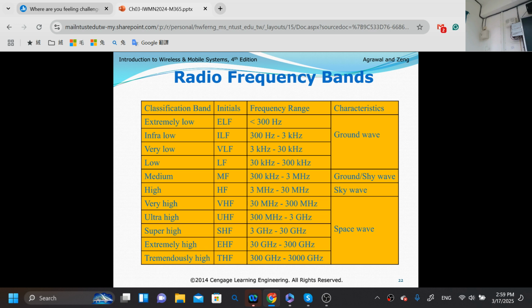For the middle one, we have sky wave. So sky covers the two, but for the medium frequency band, we still have ground and sky wave. So these are the frequency bands suitable for ground wave transmission, sky wave transmission, and space wave transmission.